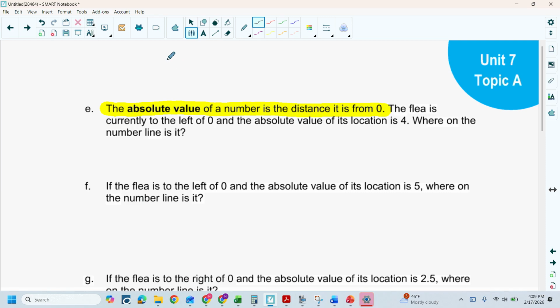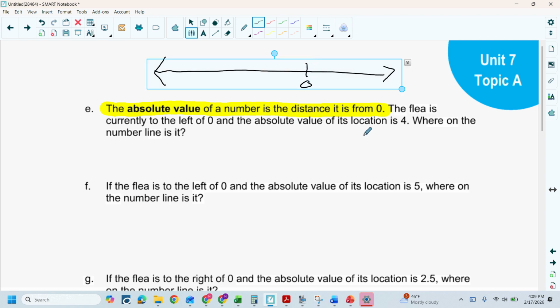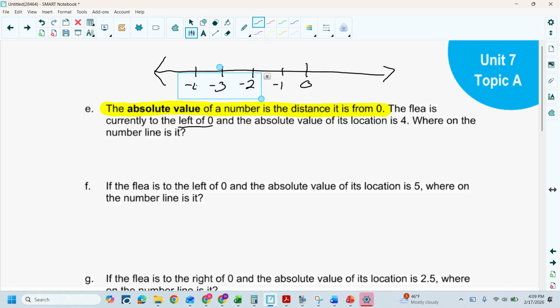Well, we know here's 0, and it says its absolute value is 4, so that means it's 4 away from 0, and it's left, is what it said, right? Left of 0, so that means 1, 2, 3, 4, and so that means it's -4.